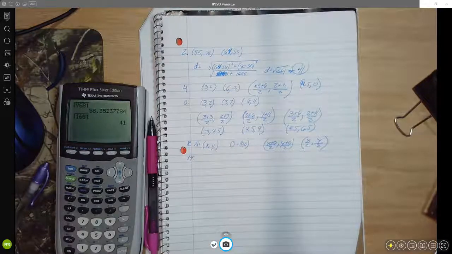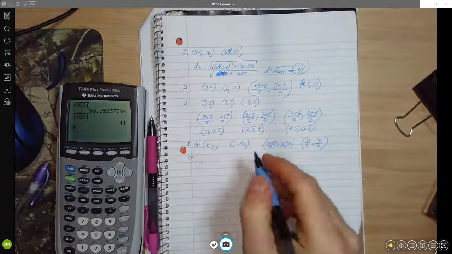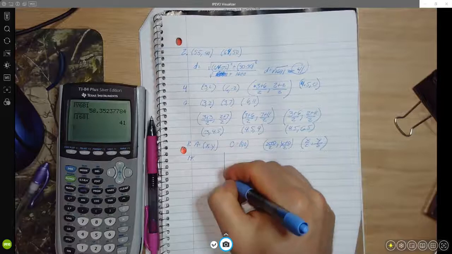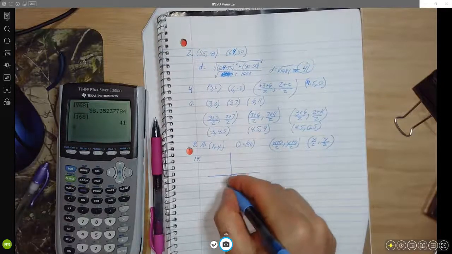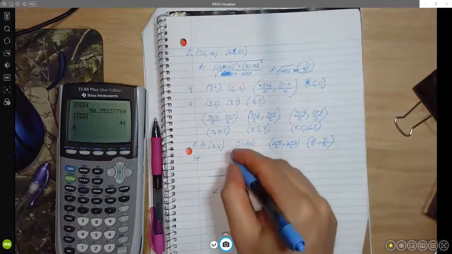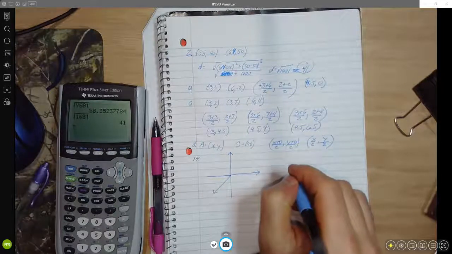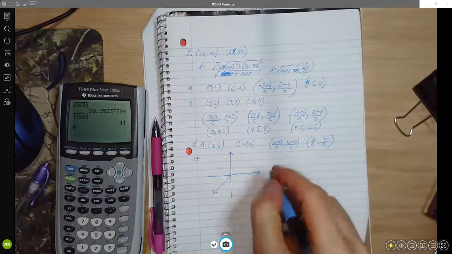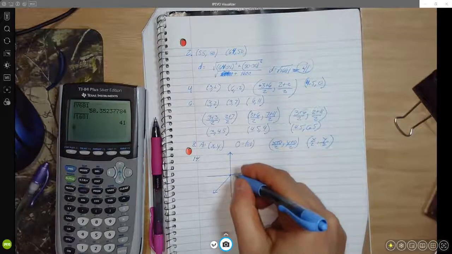Number 14. Draw a coordinate system and plot the points 0, 12, negative 5. So draw a 3D graph like so. And the point is 0, 12, negative 5. So 0, and then 12 in the y direction.